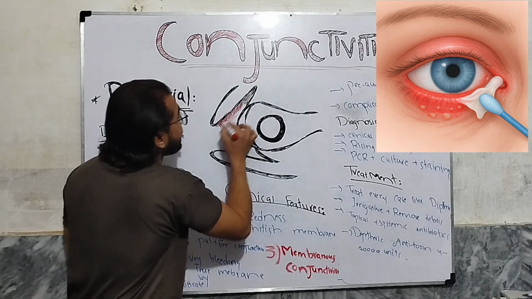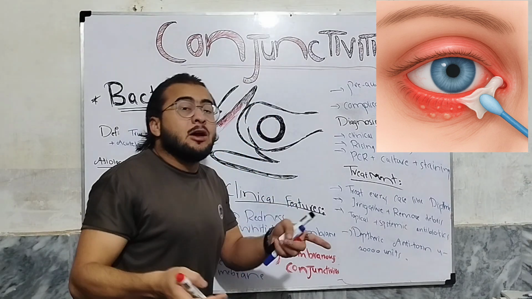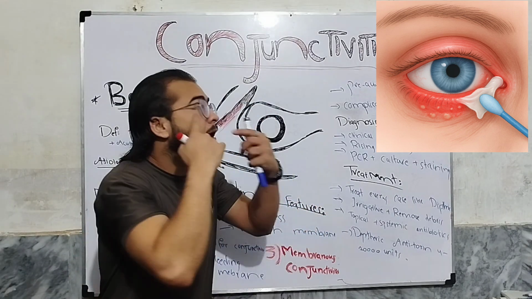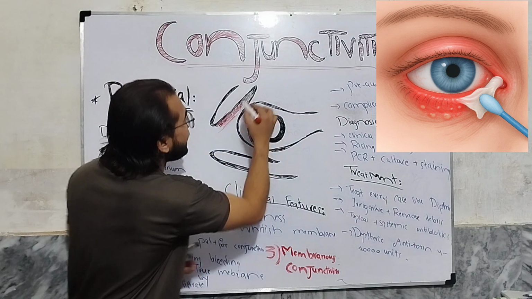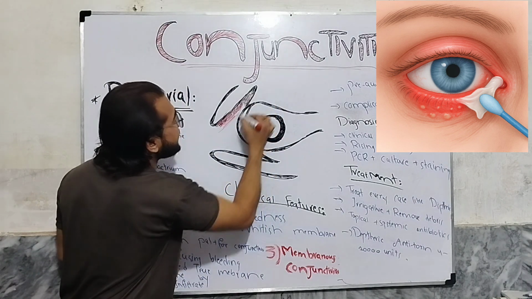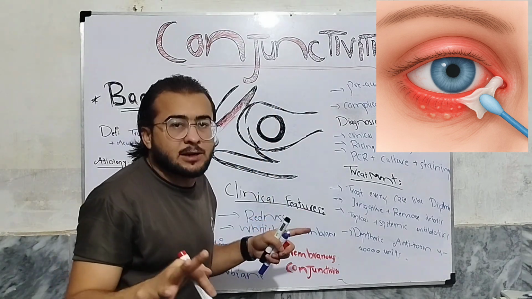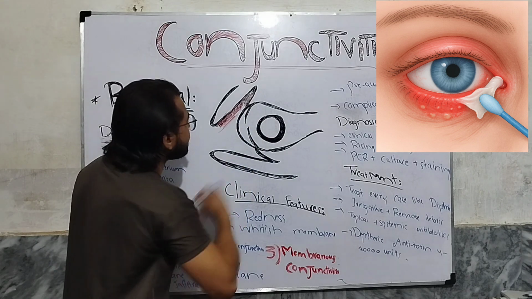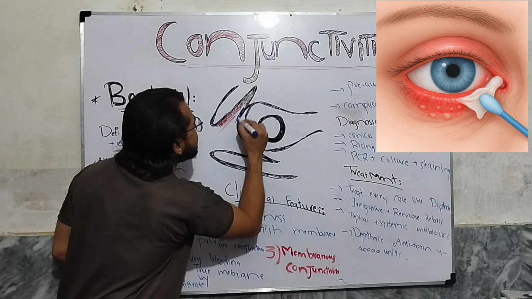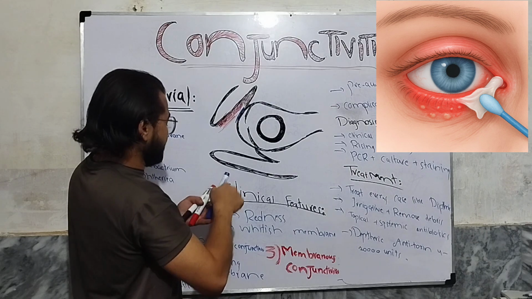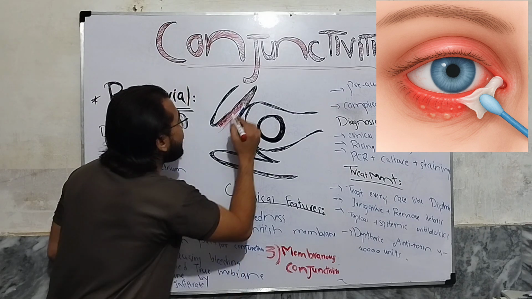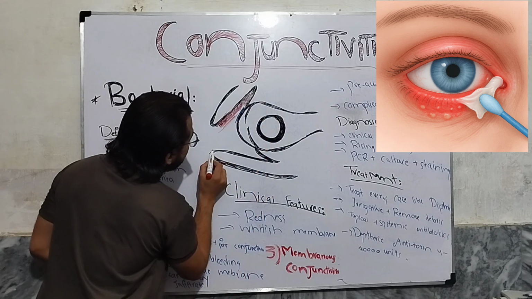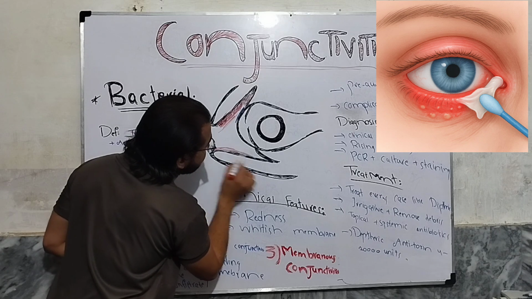The membrane mostly forms on the palpebral and fornical conjunctiva, and not on the bulbar conjunctiva. The bulbar conjunctiva will be spared.